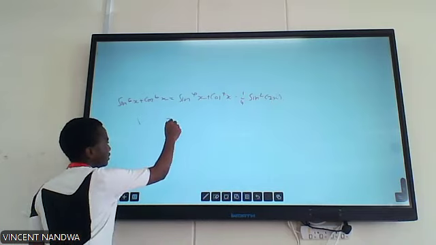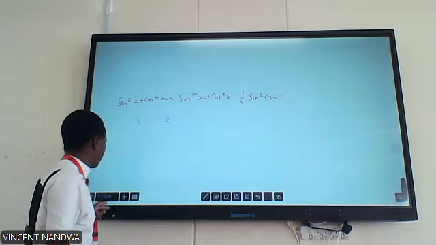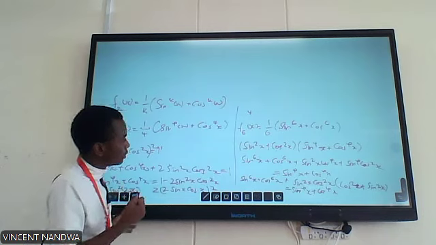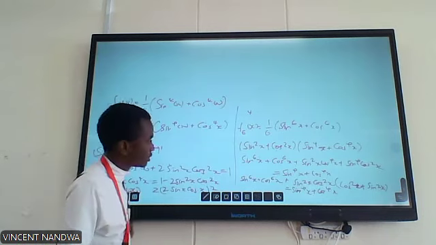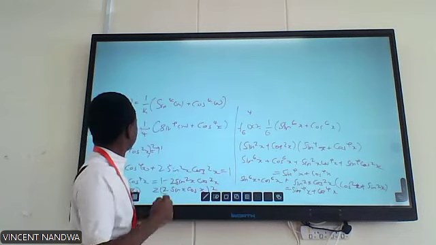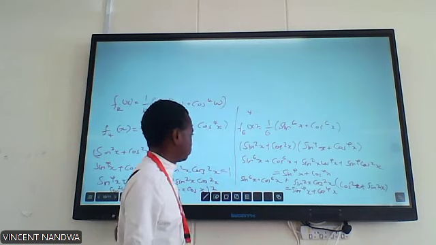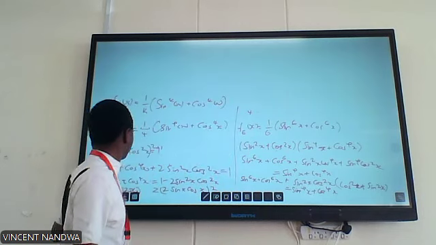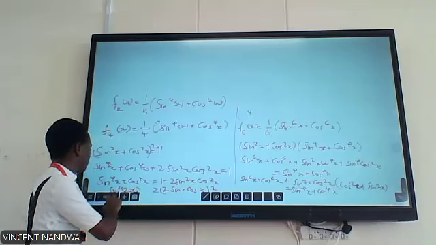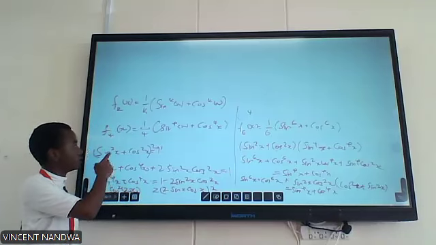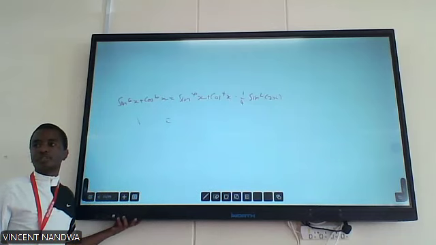Then we had that sine to power 4x plus cos to power 4x is equal to... where is it? Anyone remind me what we got? Sine to power 4x plus cos power 4x.